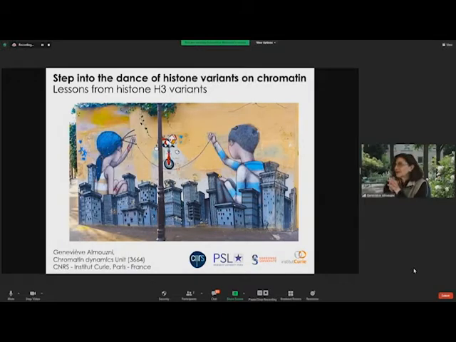The idea is to tell you how we can learn from histone H3 variants a number of aspects related to genome function. An important aspect to keep in mind is this balance and equilibrium, as illustrated by this street art picture from Paris, which I do like.